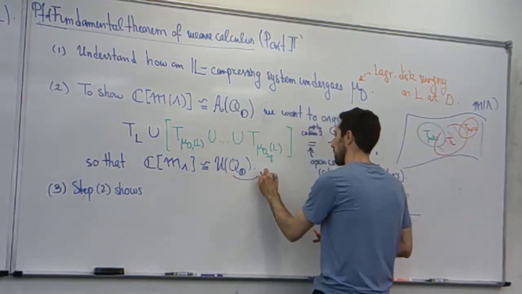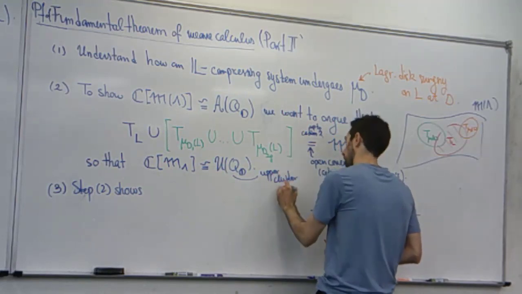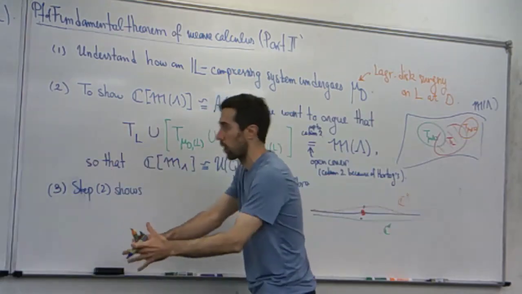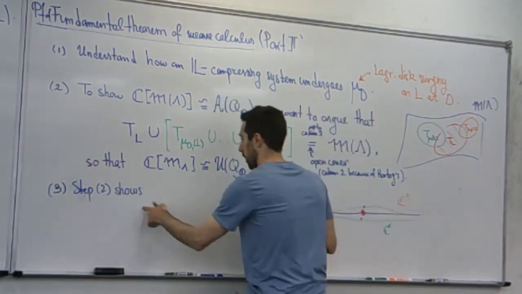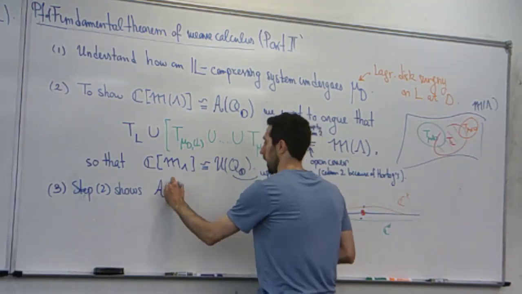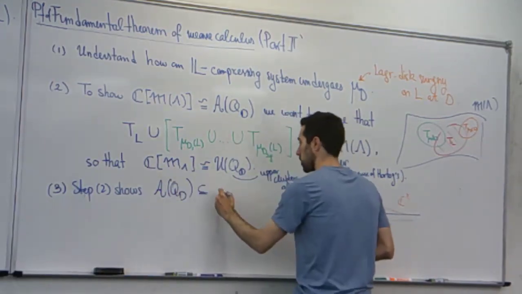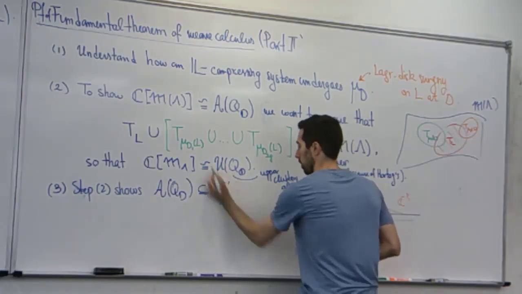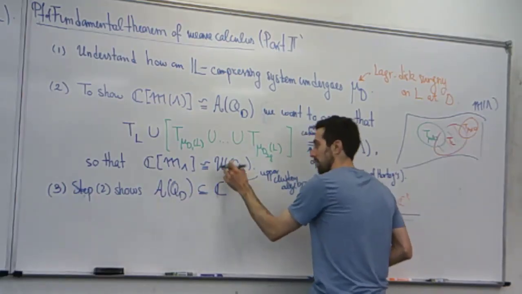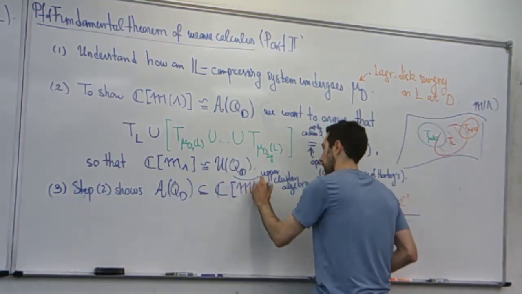This is called the upper cluster algebra, which is the algebra generated by the first tori and then the adjacent ones. So step 2 shows that there is an inclusion of the algebra that we wanted, A, K of T, inside my ring of functions, U. I mean, maybe I should just write this. Because this includes in this, and this is isomorphic to this is M lambda.